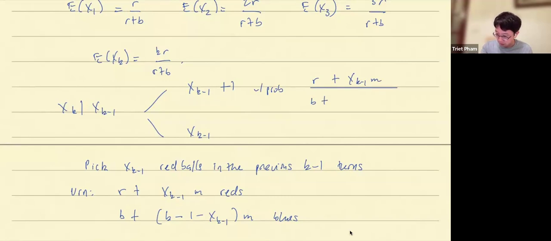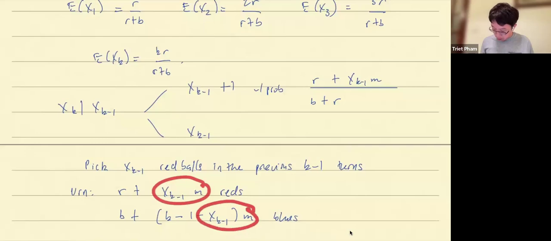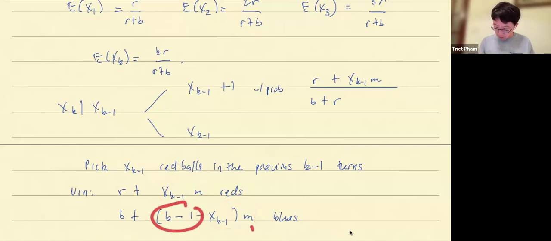So you add these two together, which is the total number of balls in the urn. Let's see here. Notice something nice happens here. This subtract this is gone, which is very beautiful. And we got k minus 1 times m.